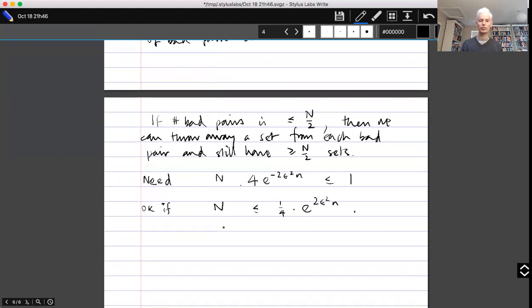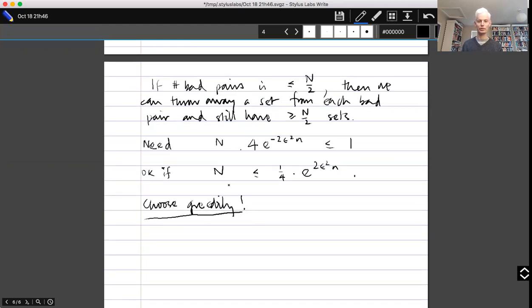Now, I mentioned that there are 2 ways of going about things, and actually it turns out that in this particular problem, the technique of choosing random examples and throwing away a few bad objects is a bit more complicated than it needs to be, because instead we can do the following thing. We're going to choose our sets greedily.